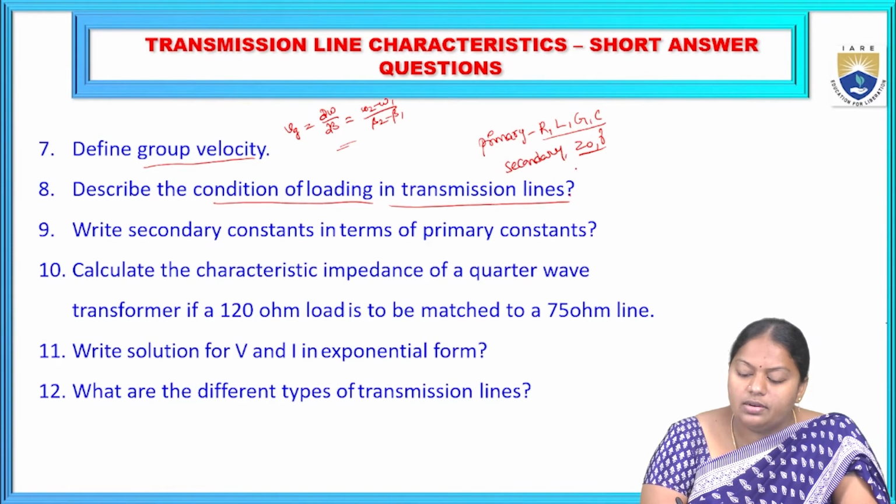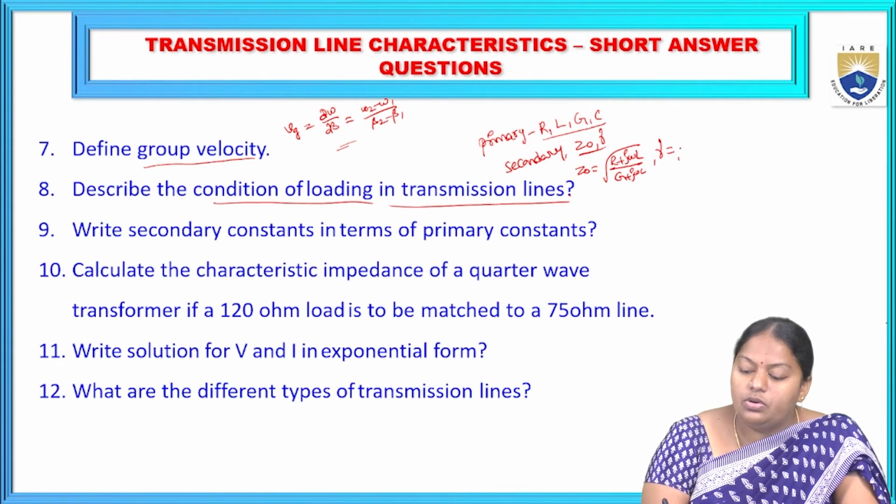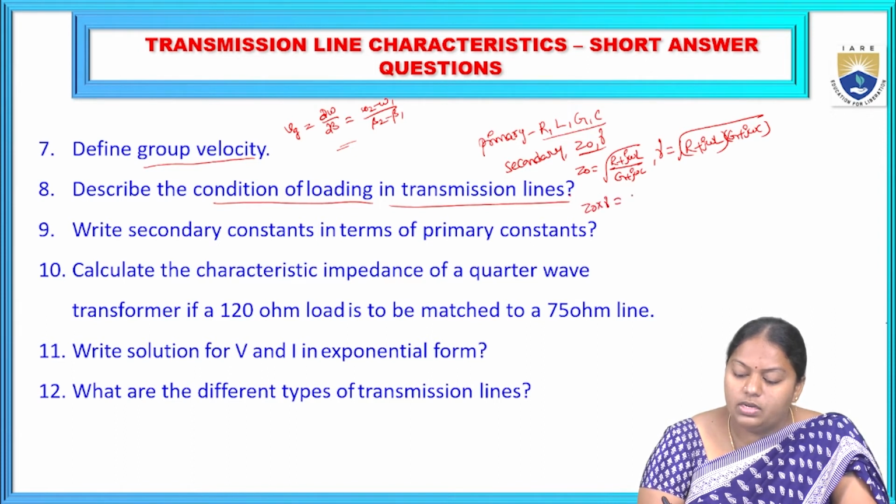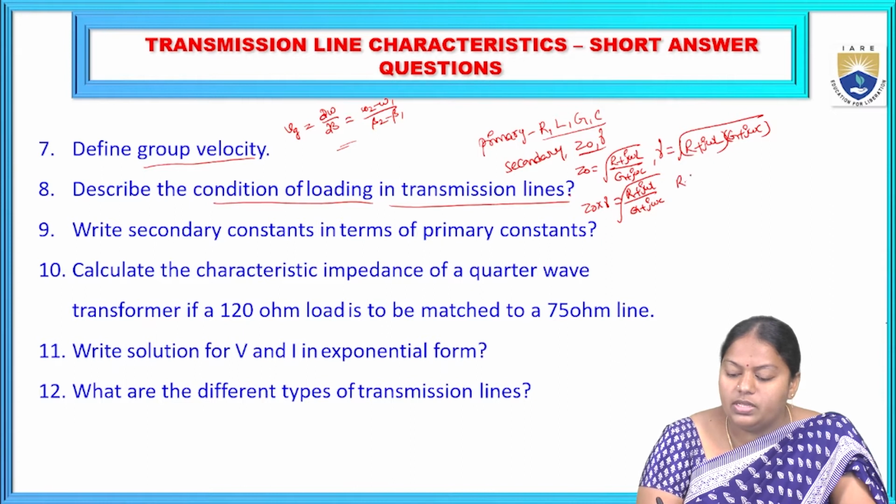As we know, characteristic impedance Z0 is equal to root over R plus j omega L by G plus j omega C, and propagation constant gamma is equal to root over R plus j omega L into G plus j omega C. If you multiply these two, Z0 into gamma equals root over R plus j omega L by G plus j omega C into root over R plus j omega L into G plus j omega C, so the roots get cancelled.